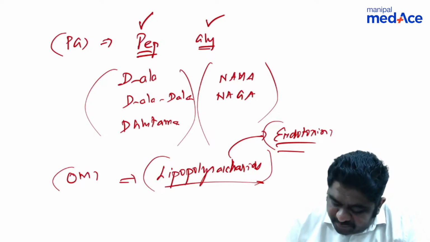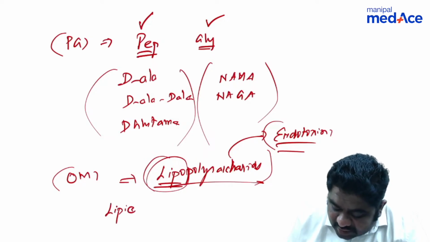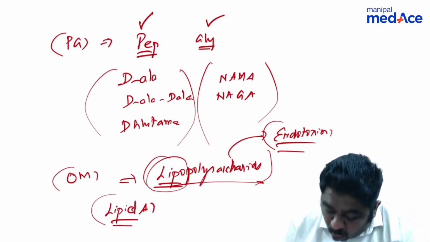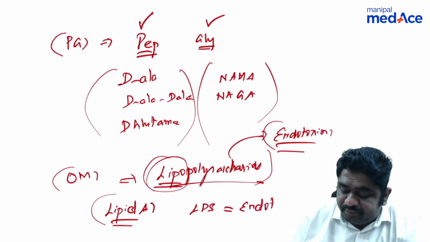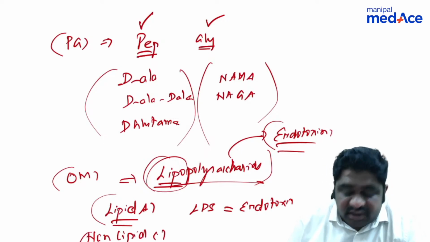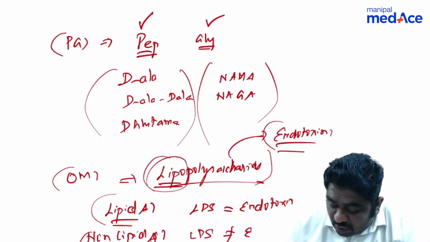No. Here, the lipopolysaccharide, if it contains lipid A, only then the LPS is equal to endotoxin. If it is non-lipid A, you call it lipid B, lipid C, lipid Sachin Tendulkar, whatever it is, if it is not lipid A, then the LPS is not equal to endotoxin.